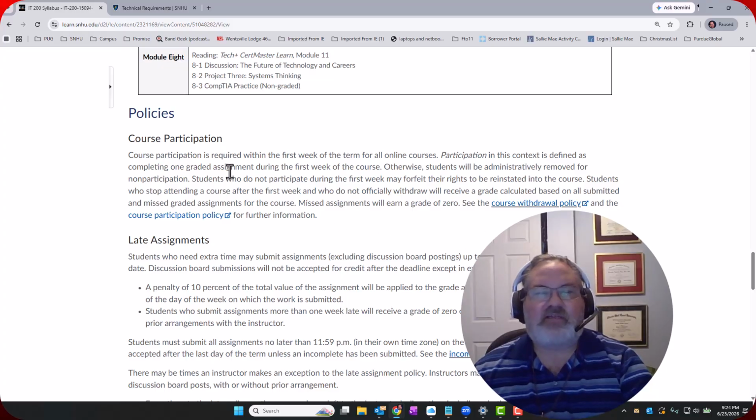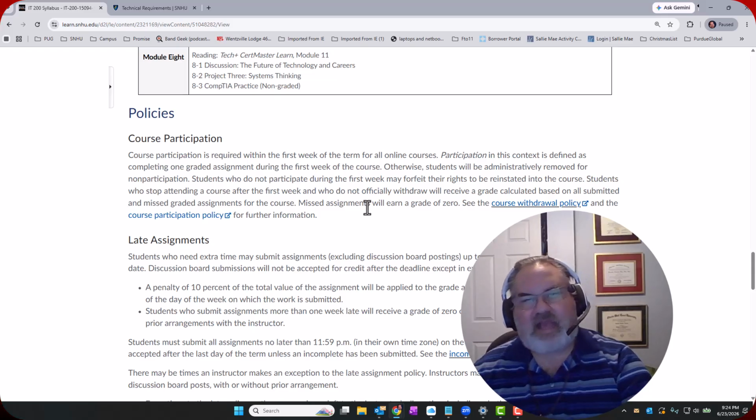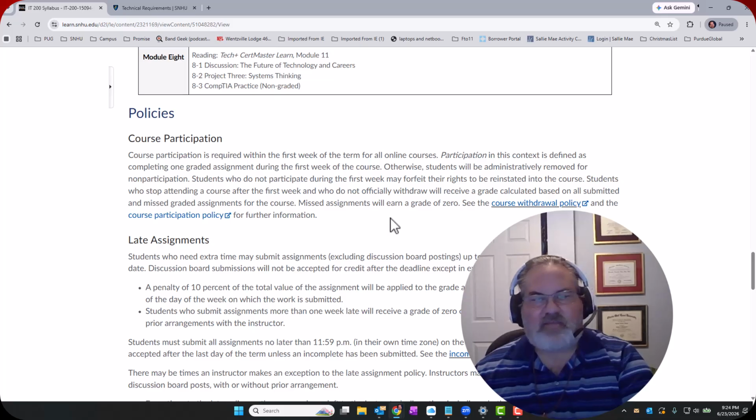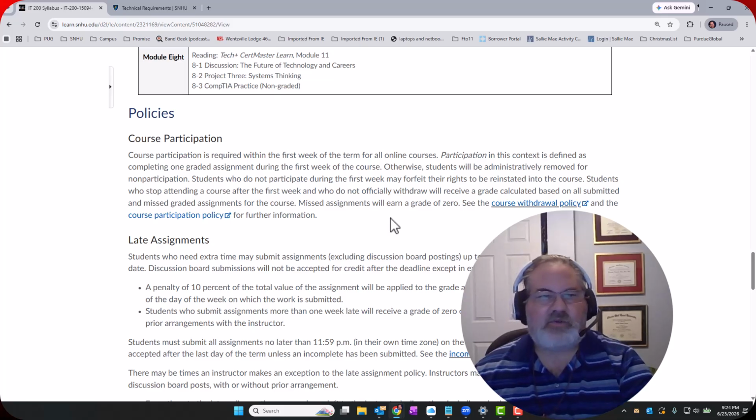So if you participate in week 1, but then don't participate in anything else, then you get the grade of all the assignments that you missed. Late assignments: students who need extra time may submit assignments, excluding discussion board postings, up to 1 week after the assignment due date.